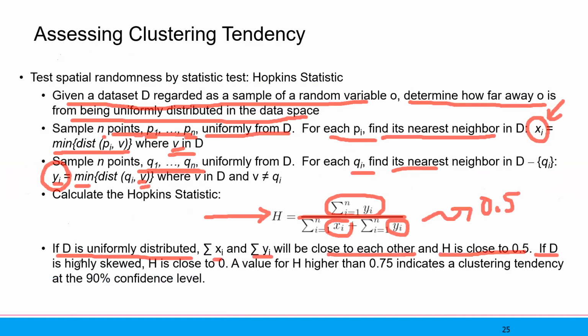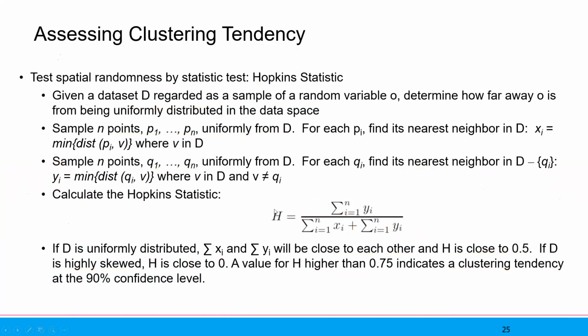If D is highly skewed, H is close to 0. If the value H is higher than 0.5, it indicates clustering tendency at the 90% confidence level. So they check the minimum distance, and we can use the Hopkins statistics to see the clustering tendency.